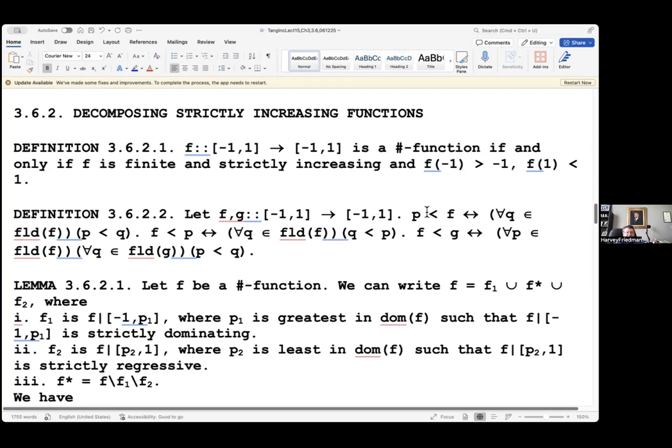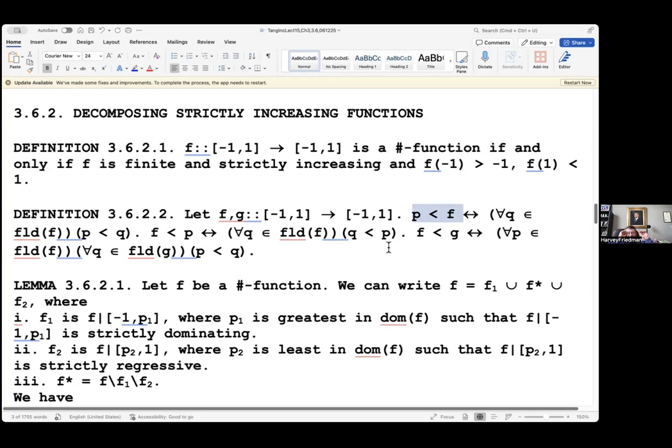So I need some other notation. You say a number is less than a function if that number is less than everything in the field of that function. And a function is less than a number if and only if everything in the field is smaller than that number.